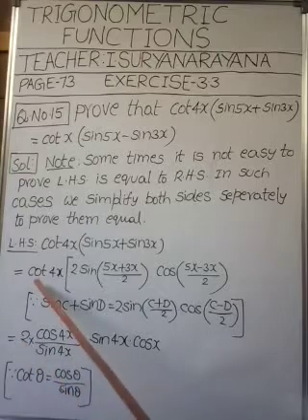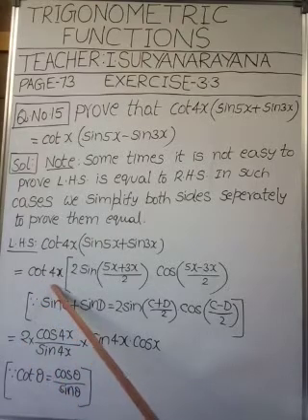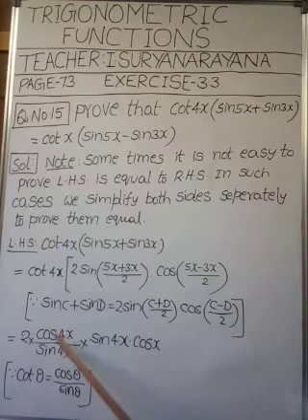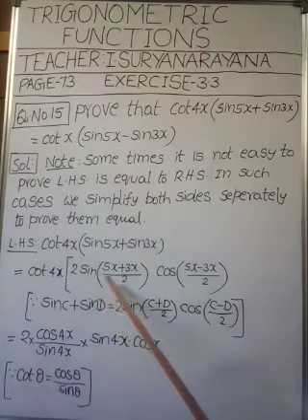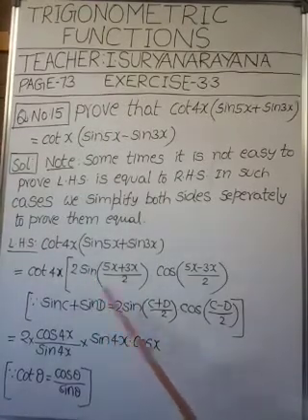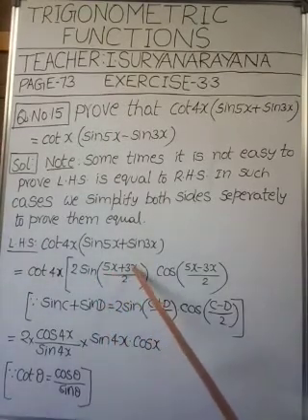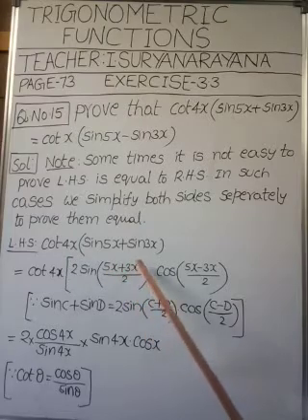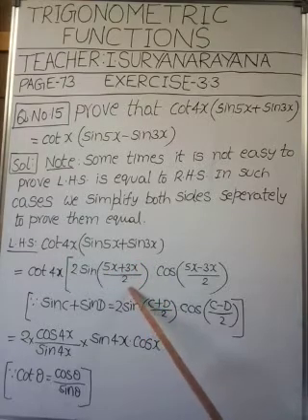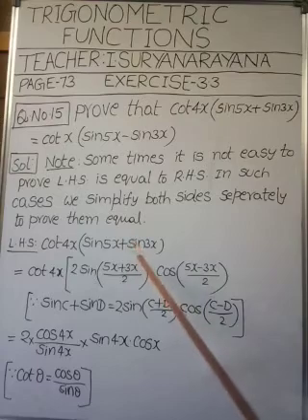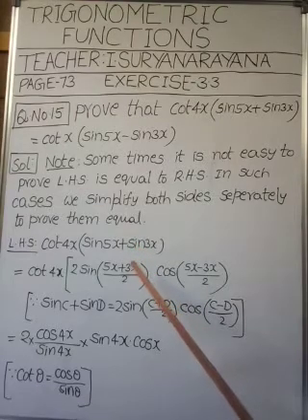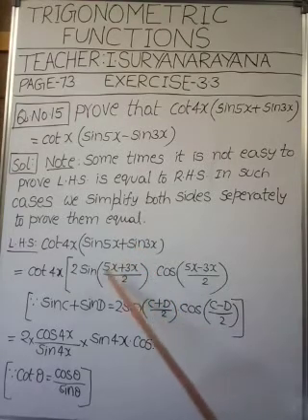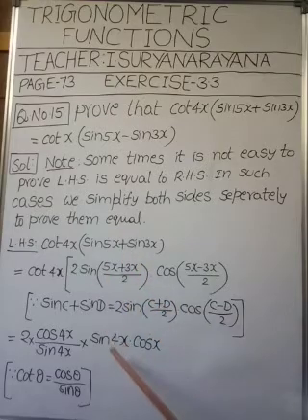2 into, now cot 4x, how can we write cot 4x? Cos 4x by sin 4x, isn't it, my children? Into, now we simplify this part. Sin of 5x plus 3x, what will you get in the numerator? 8x. 8x by 2 gives 4x.